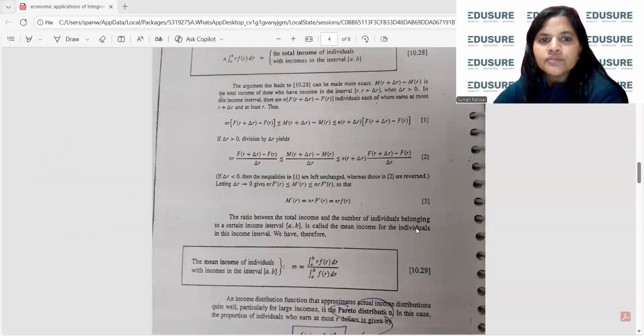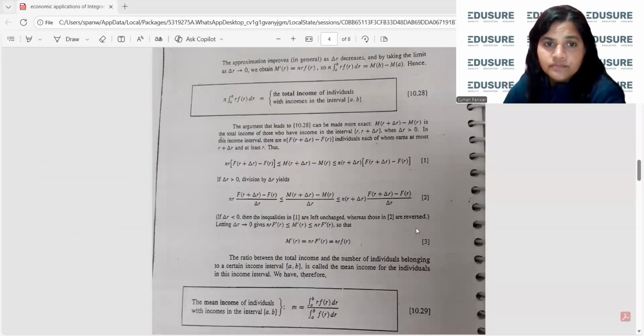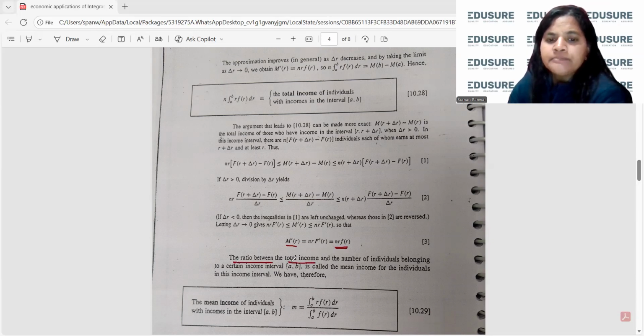All right. So now the argument that leads to 10.28 can be made more exact. Basically we have just integrated, and M dash R is N R F R. The ratio between the total income and the number of individuals belonging to a certain income interval is called the mean income.